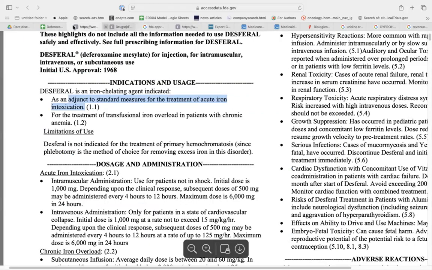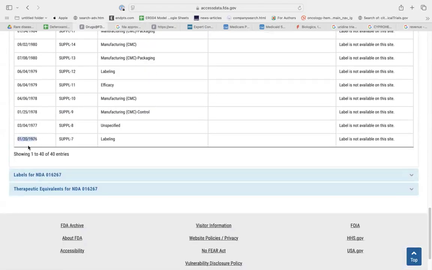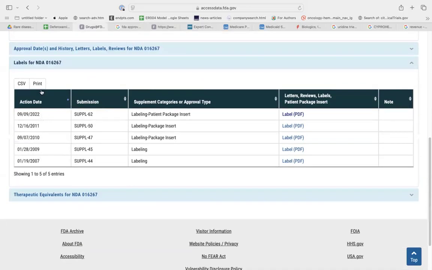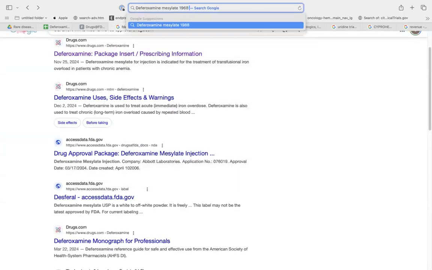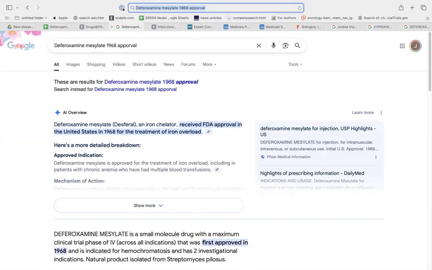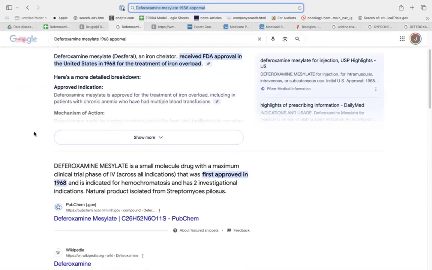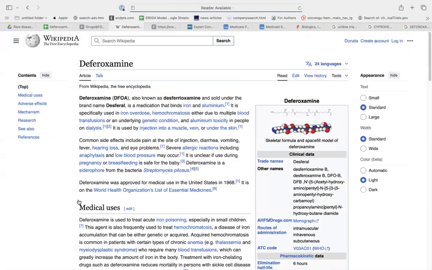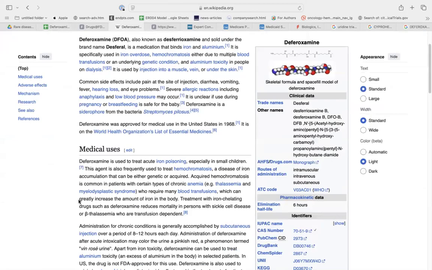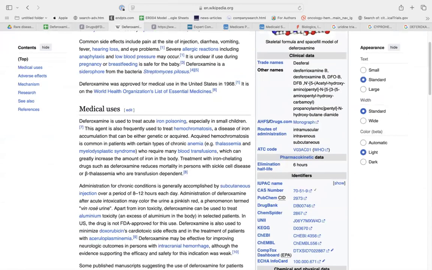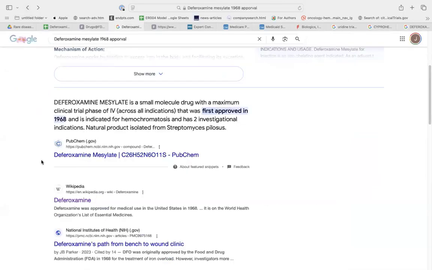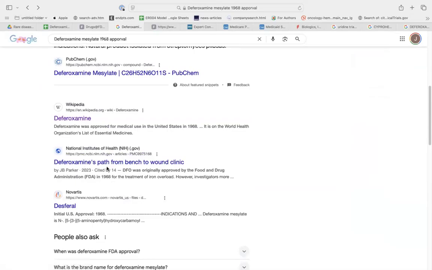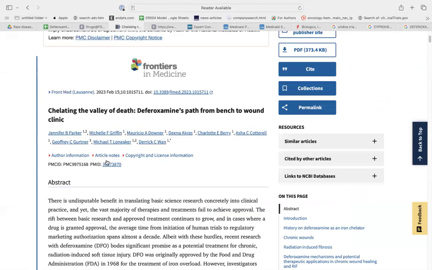Okay. And if you're really desperate, you can use Wikipedia too. Okay. Oh, this is interesting. Hmm.